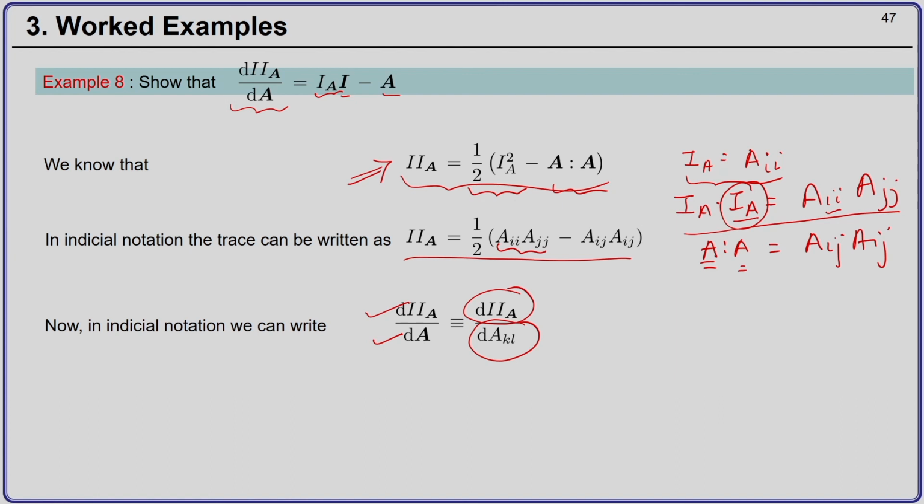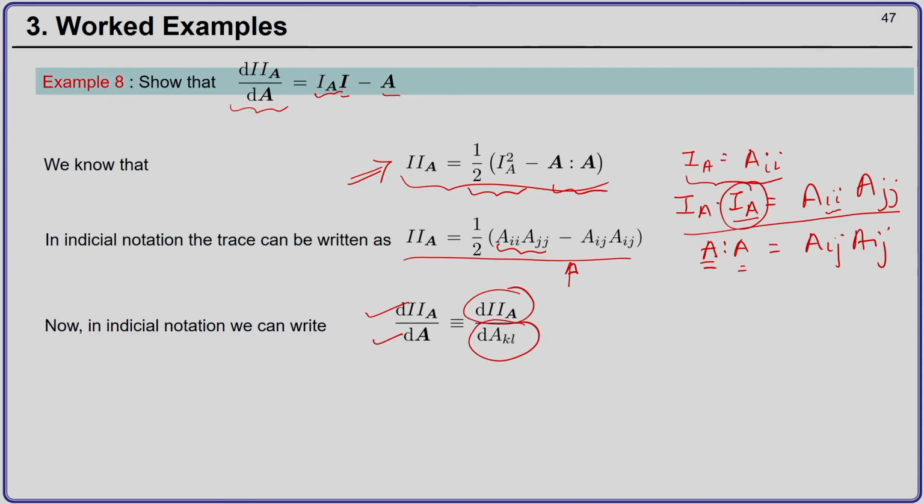Because our expression for the second invariant already has two i's and two j's. In any given expression we cannot have more than two repeated indices, so we have to choose some other symbols for the subscripts, and we have chosen k and l. So, you have ∂II_A/∂A_kl.